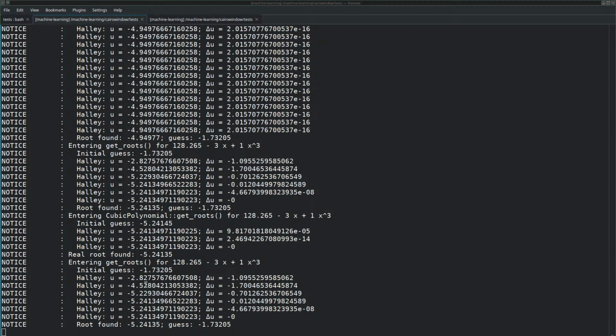But so the initial guess is still minus the square root of 3. The actual root is minus 5, and we just take 1, 2, 3, 4, 5, 6 steps. So it's still incredibly fast. But why not have a better one? So if you read the description, you'll understand exactly what I'm going to do.